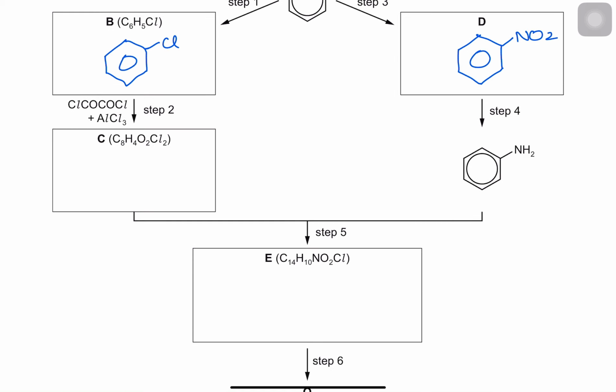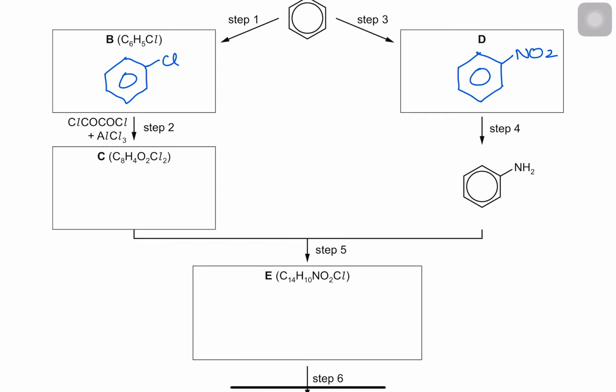In step 2, you are doubling the chlorine. What happens is you will get this as your intermediate and you will get AlCl4. So you will attach this on this, but which carbon?